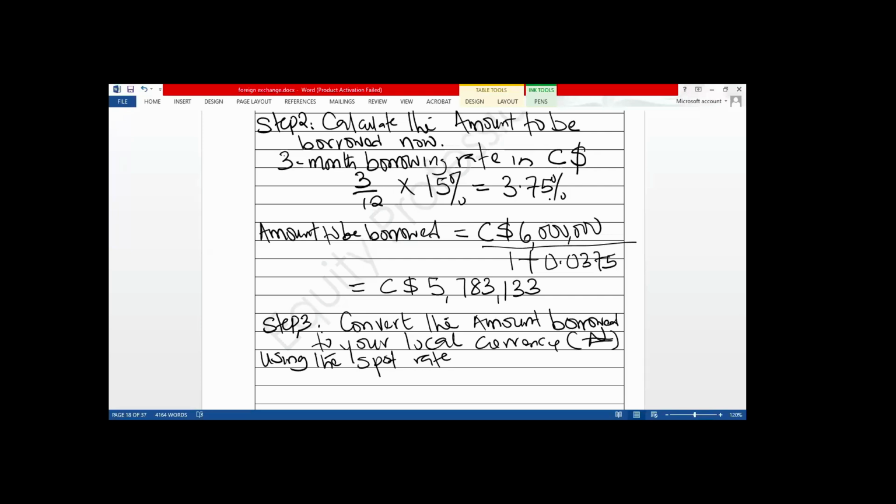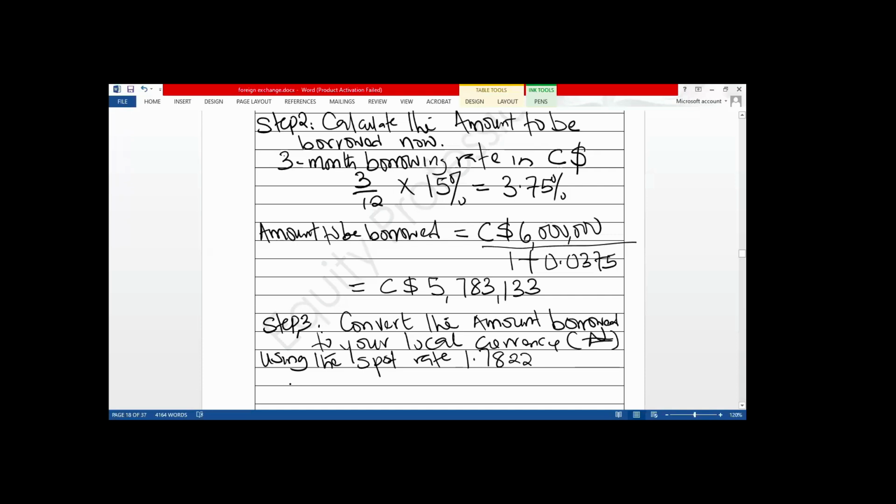KP has the cash with him. KP will now go to the bank. KP will sell. Bank will buy. That means the applicable spot rate is the higher rate, 1.7822. This is the rate you are going to use to convert this.